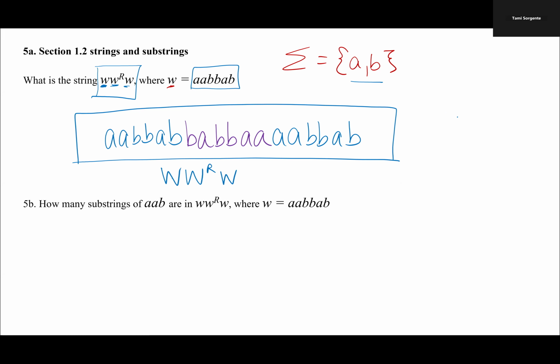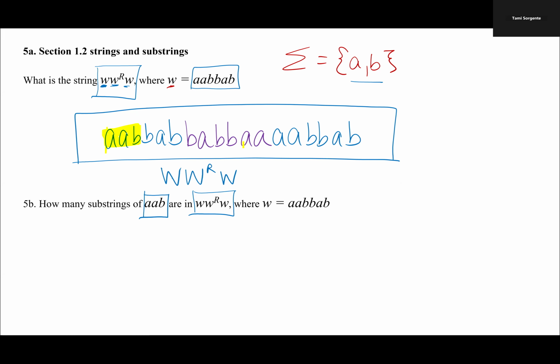All right, so now once we've created this string, it's the same string for the next question. Now you want to look through it and see how many times you have substrings of AAB. So let me get another color here. All right, so we can go through here and take a look. AAB. We have an AAB right here. So that's one substring of AAB.